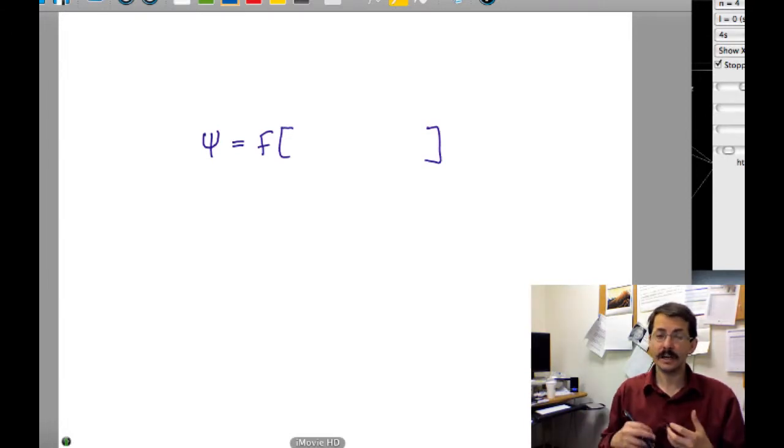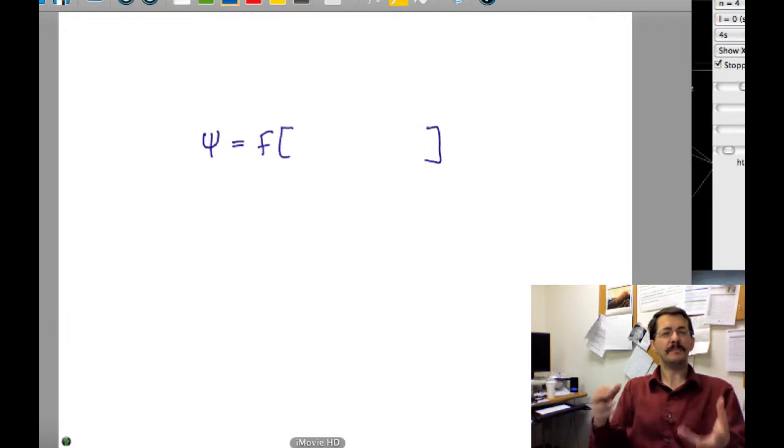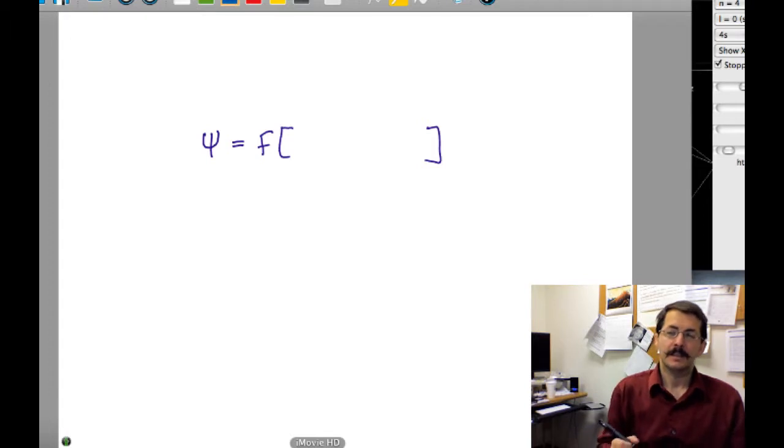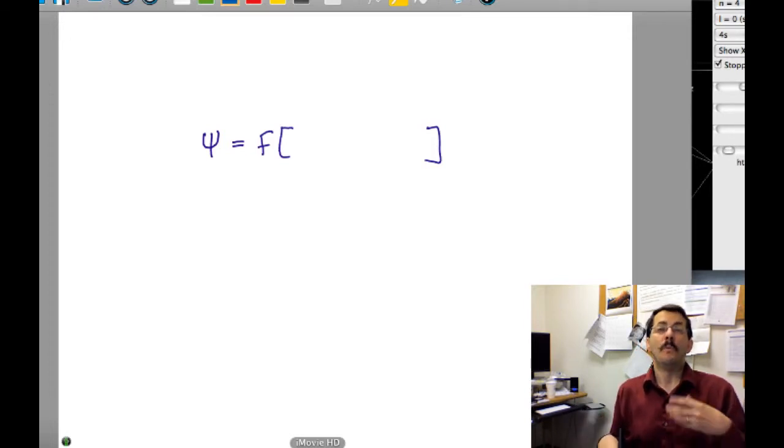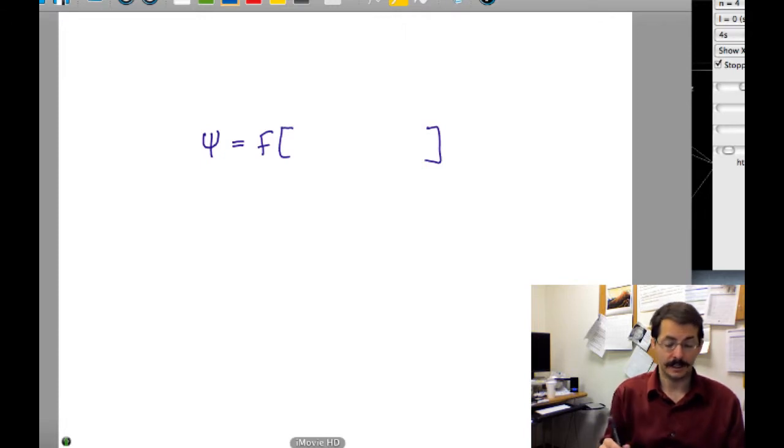What we really care about is not the wave function itself, but usually the probability associated with finding the electron. The short answer is the probability function of the wave function tells us where our best chance of finding the electron is.